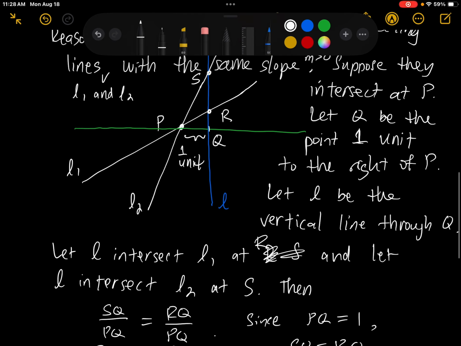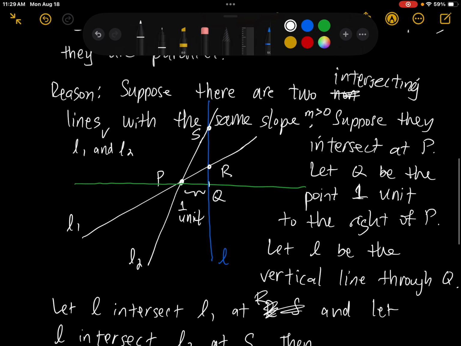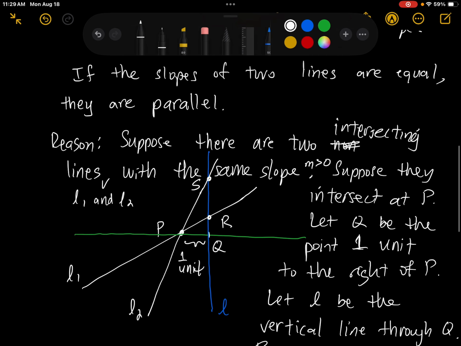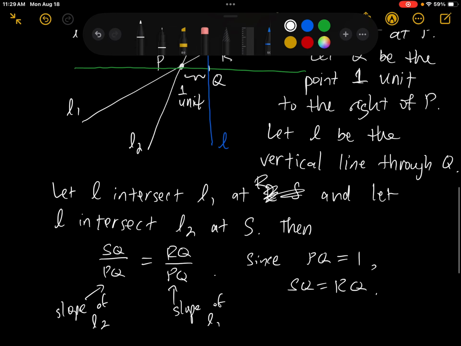SQ is equal to RQ. How does that contradict the assumption that L1 and L2 are intersecting? So if SQ equals RQ, so R is S.